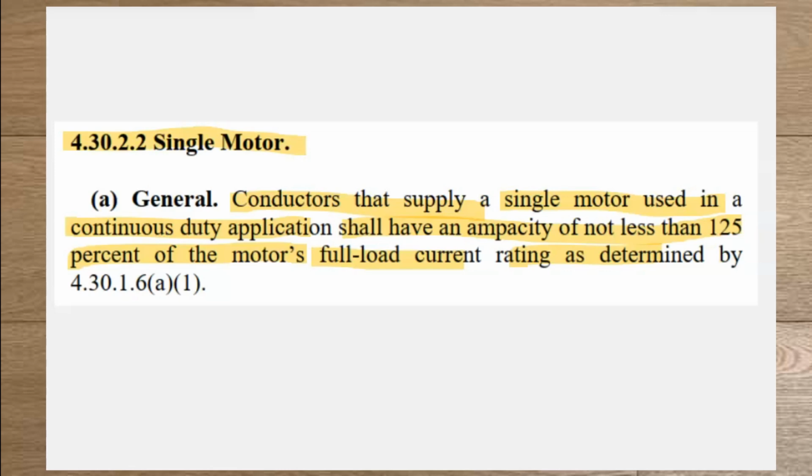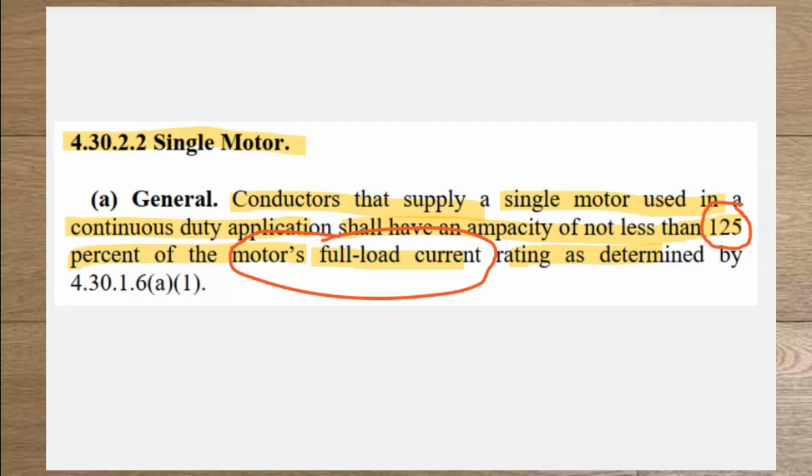So ang sabi dyan that yung single motor or individual, pag nagamit mo siya in a continuous duty, tuloy-tuloy yung operation, so dapat daw yung ampacity is not less than 125% of the motor's full load current.